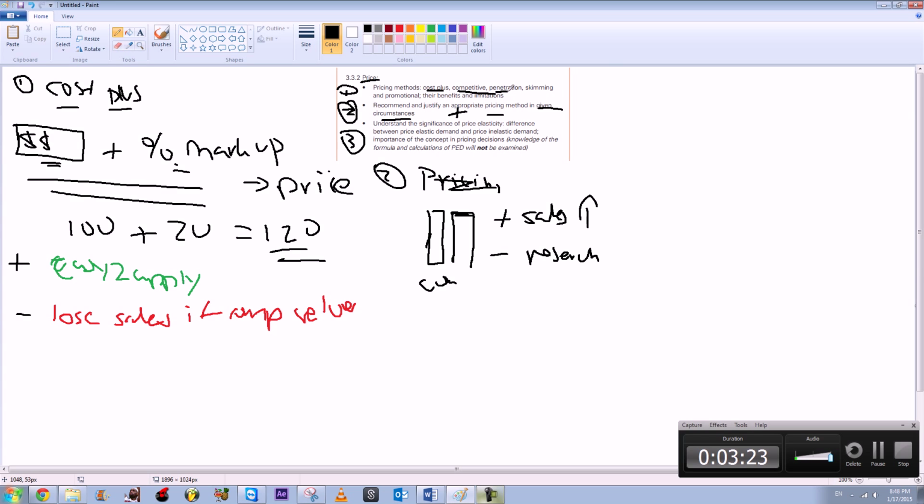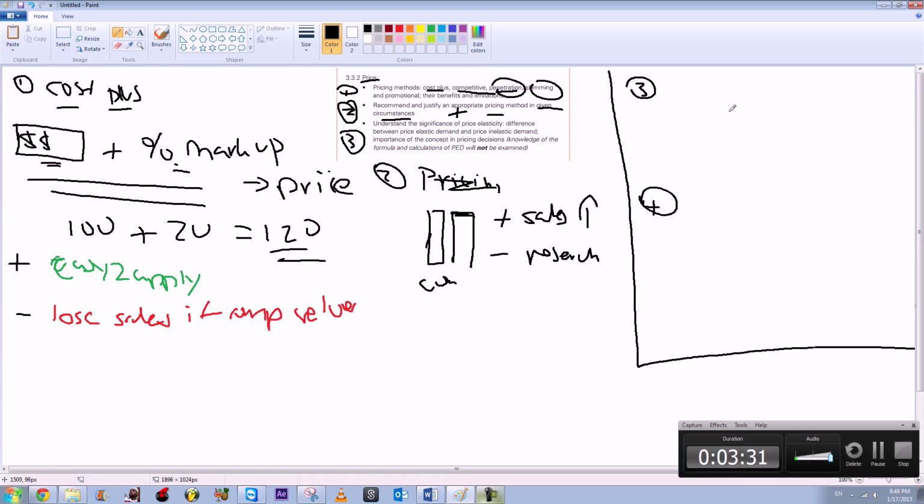Okay. Penetration, and this goes with skimming. They're the opposite of each other, so I'll place them together. Penetration is basically setting the price lower than the competitors' prices in order to enter a new market. If this is a new product and you want to get your name known to increase sales, you just make it lower for now.